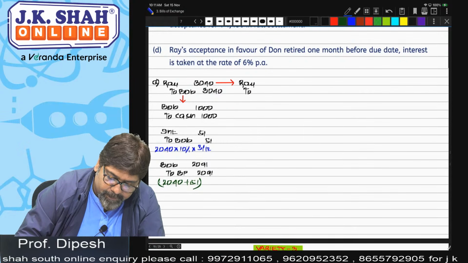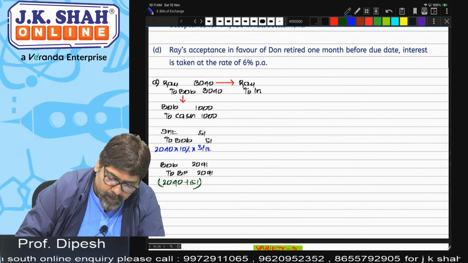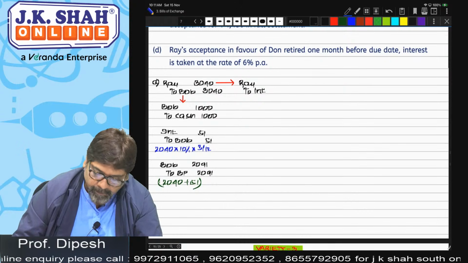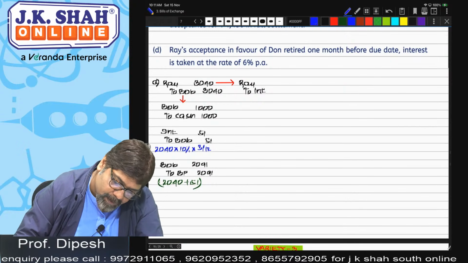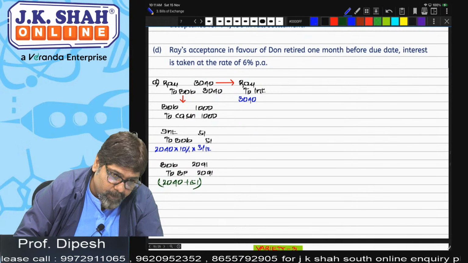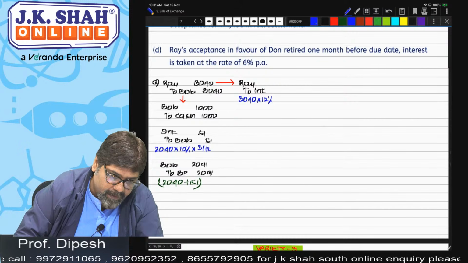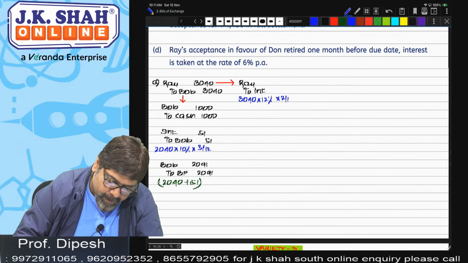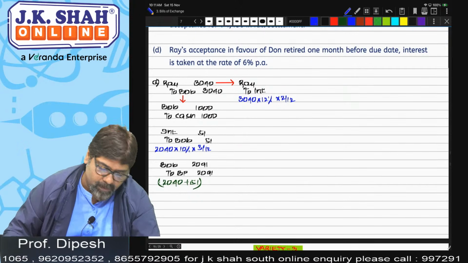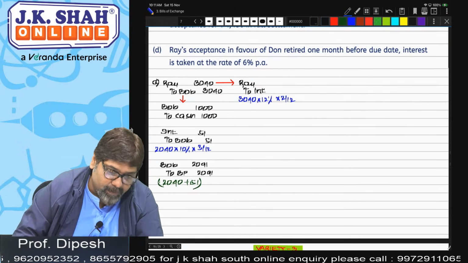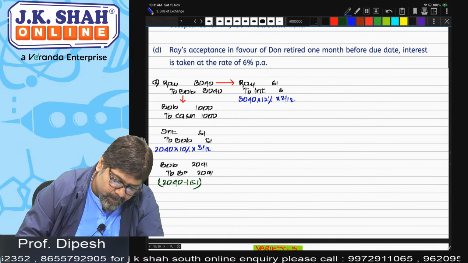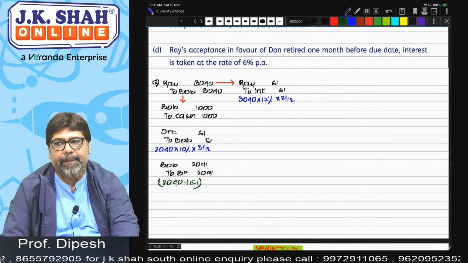So Ray to interest. How much is the interest? 3040 into 12% into 2 by 12. How much? 61.